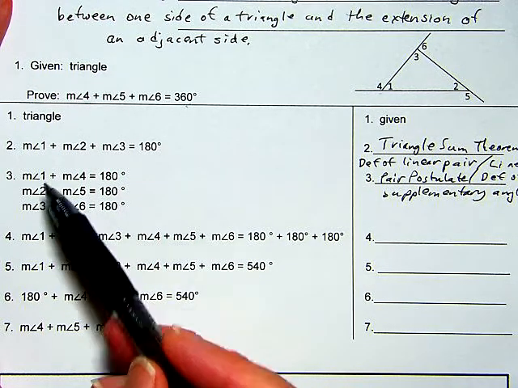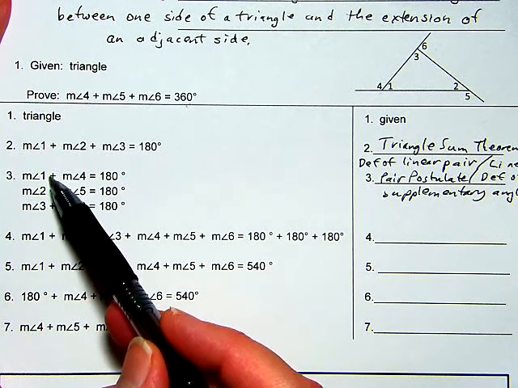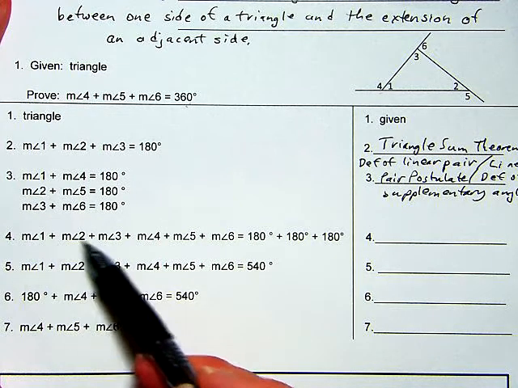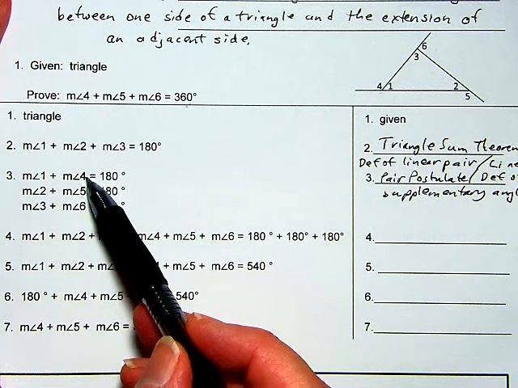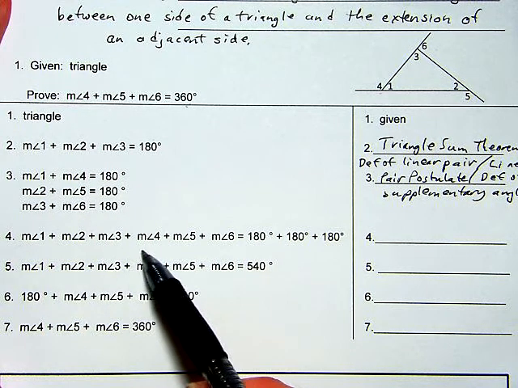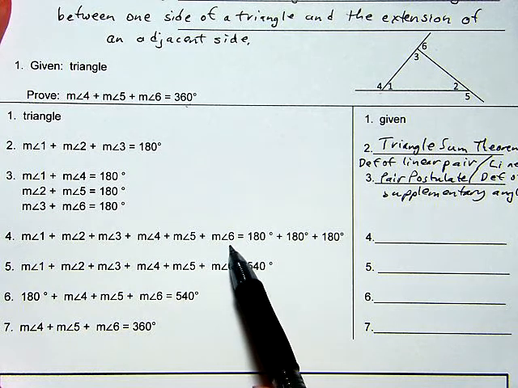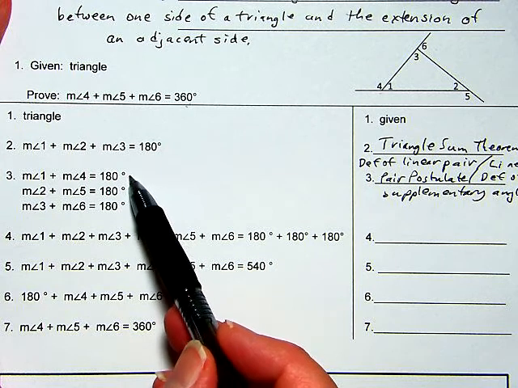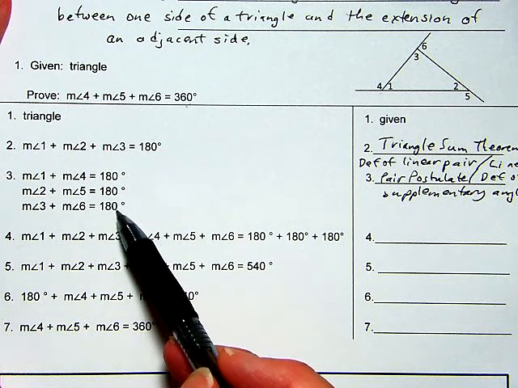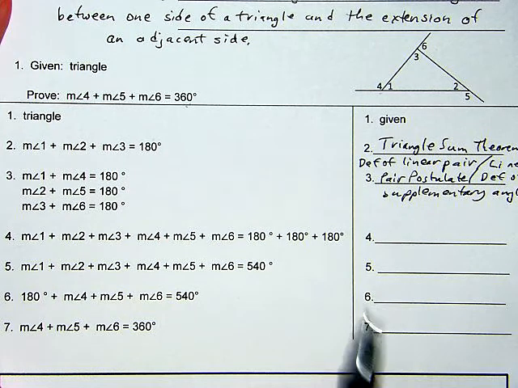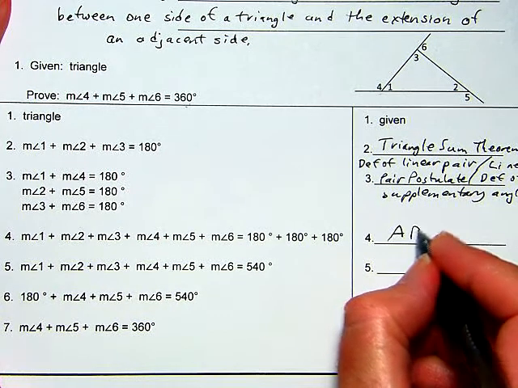And that gives us on the left measure of angle 1 plus measure of angle 2 plus measure of angle 3, that part, plus measure of angle 4 plus measure of angle 5 plus measure of angle 6, this part, all forming on the left side of the equality. And then on the right, we've got 180 degrees added 3 times. And that's what we've got over here. So this was being done by the addition property of equality.